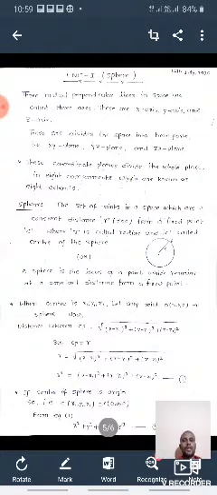A 3D shape means a figure which has 3 measurements: height, length and width. Examples are sphere, cube and cuboid. These types are called 3D shapes.